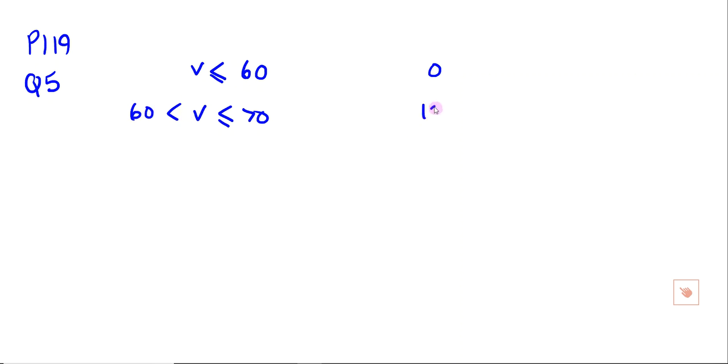So one of the class intervals is 60 to 70, and we've got a frequency of 10. So we have to first of all find the midpoint of the group. The midpoint of this class is 65. We've got to add up all the numbers and divide by the total number of numbers, don't we?